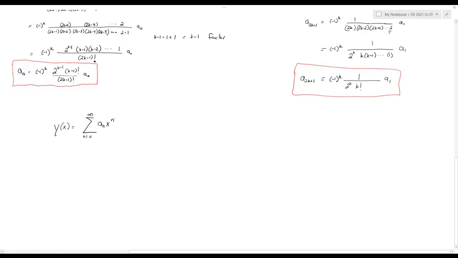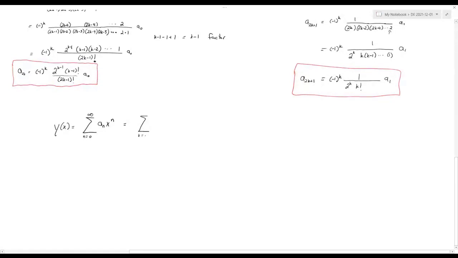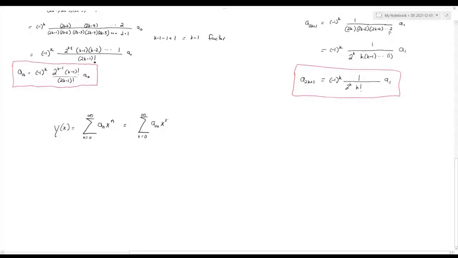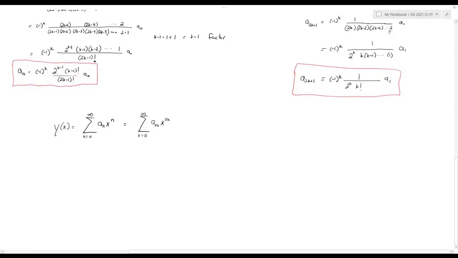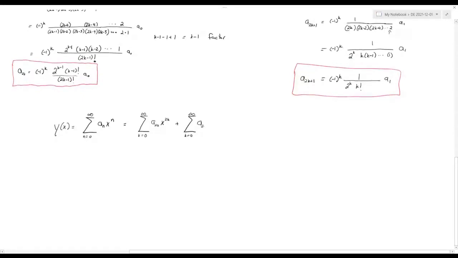have different formulas for the even indexed and the odd indexed terms. So I'm just going to write this as k goes from 0 to infinity, and then we're just going to have a sub 2k to account for all the even terms, so to speak, plus, and then k goes from 0 to infinity, and then we're going to have all the odd terms.